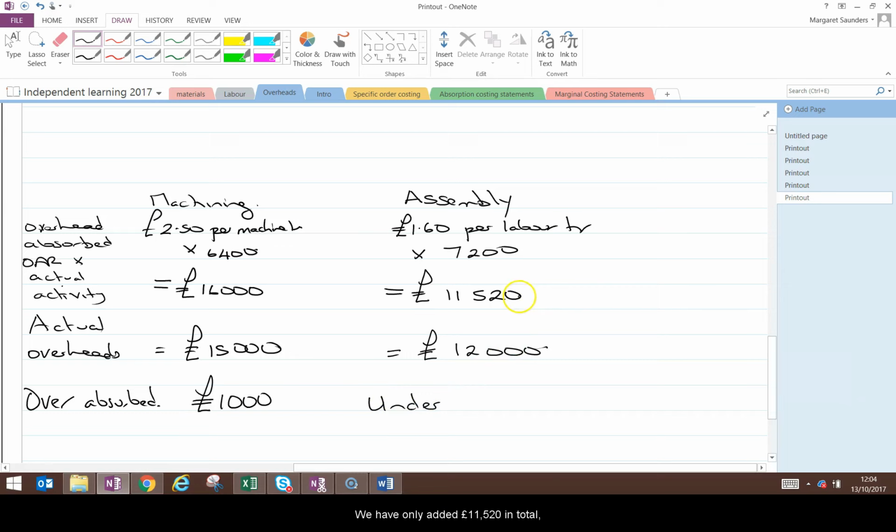We've only added £11,520 in total to cover our overheads in this period of time. But when the invoices came in, we're going to have to pay £12,000. So we've under absorbed by £480.